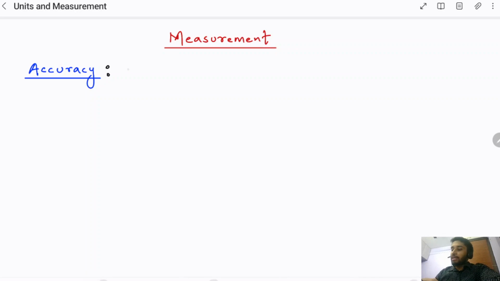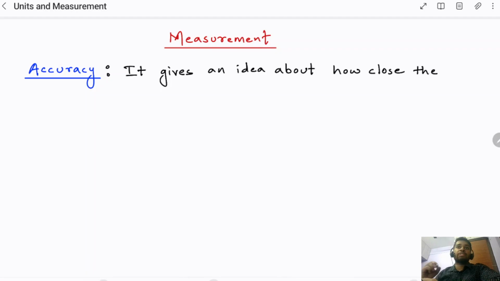Accuracy gives an idea about how close the measured value is to the true value.